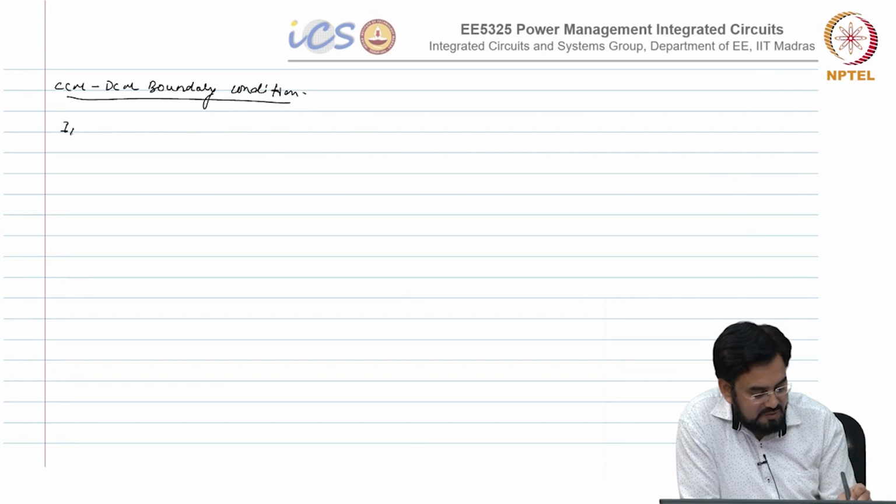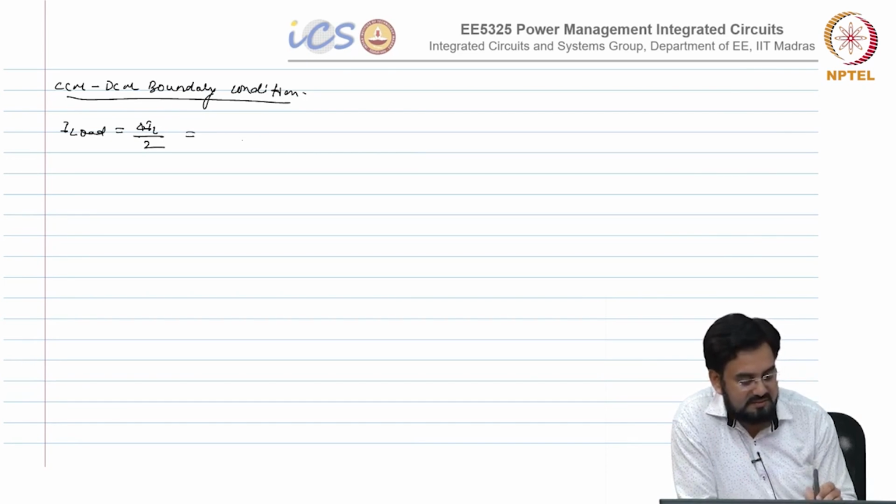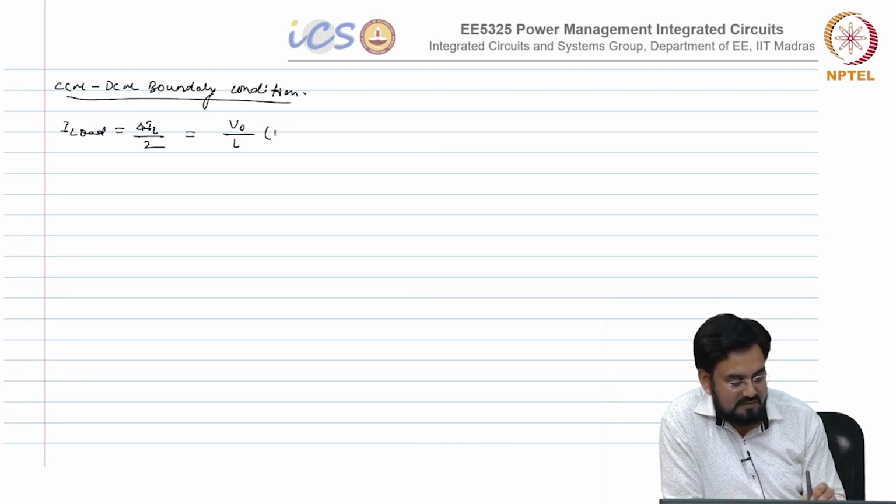So, we know that I load should be what? Delta IL by 2, and what is delta IL? Let us write in terms of V out only, over L, correct.